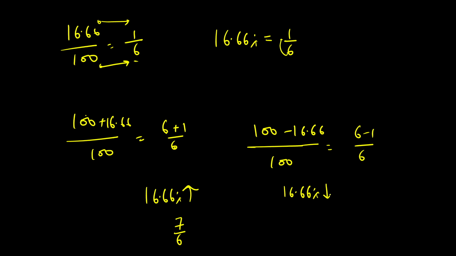We have calculations out of these. We use these fractions. So I'll create a couple of examples for you to understand. On 6, 1 extra, 16.66% extra. On 6, 1 less, 16.66% less. Percentage increase in percentage.